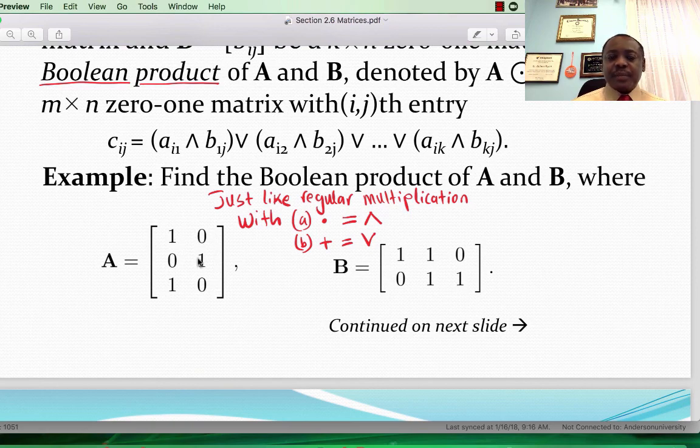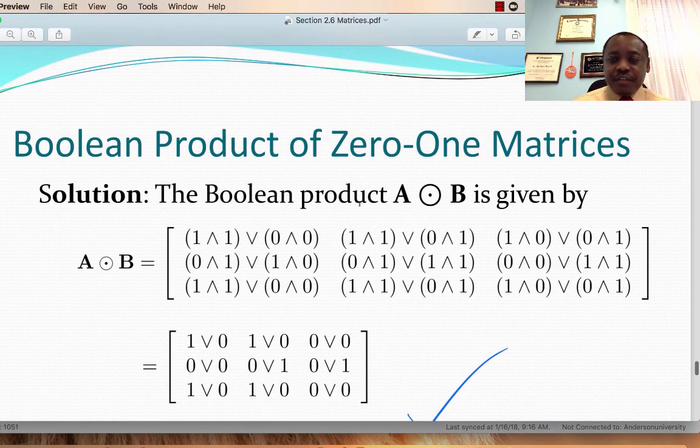The next would be 0 and 1 or 1 and 0, 0 and 1 or 1 and 1, 0 and 0 or 1 and 1, and so on and so forth. It's a beautiful music. So putting all of that together, the next step would be I evaluate the and, and then I evaluate the or as my last. So that's the first step.